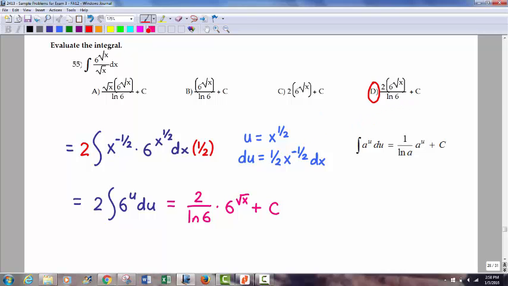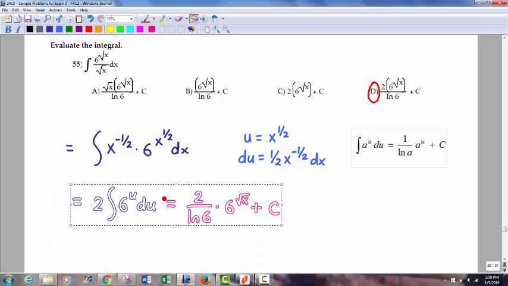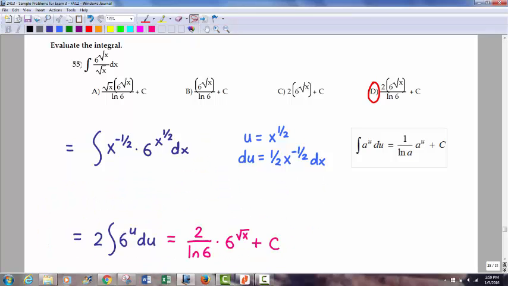So you'll see, if I let u equal x to the 1/2, du would be 1/2 x to the negative 1/2. So actually what that does is that doesn't put a 1/2 on the outside, it actually puts a 2.